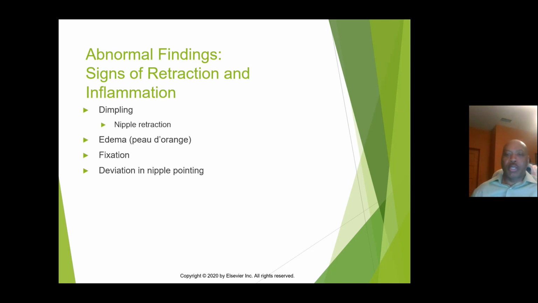Also called peau d'orange. So take a look at table 18.3 for edema of the breast and what that would signify, and also signs of retraction and inflammation on page 398 as well.